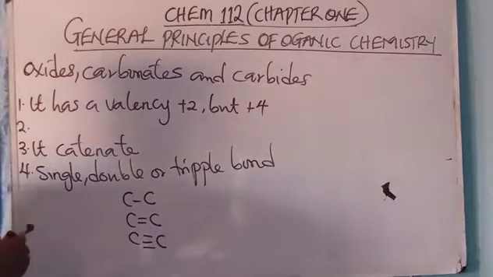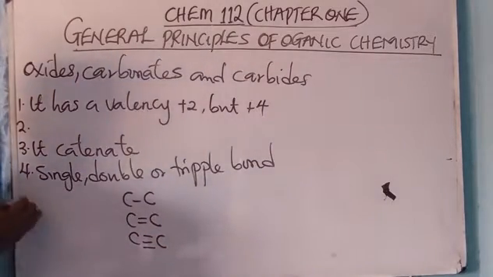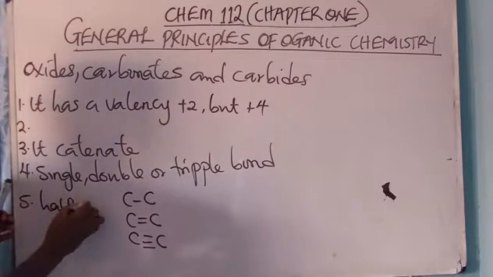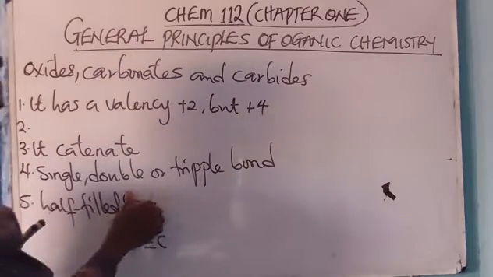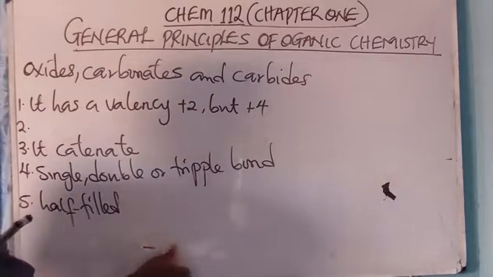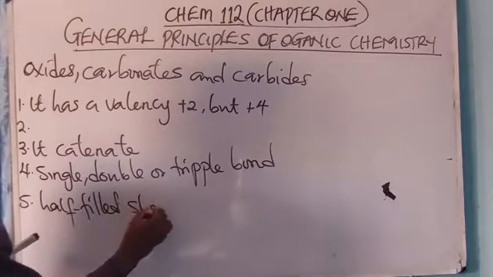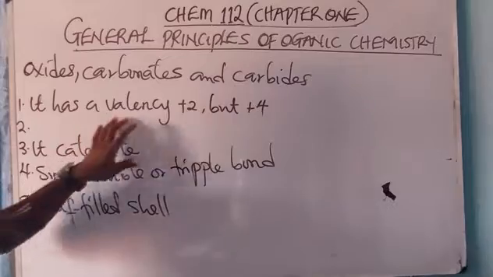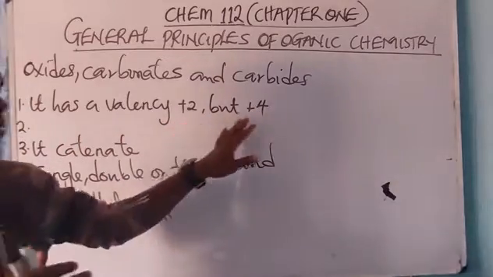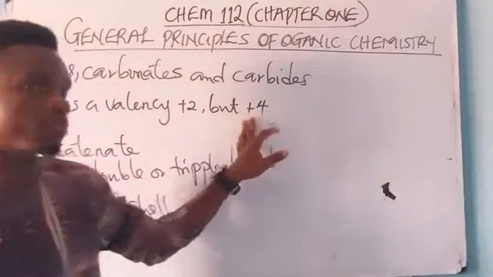Then there is stability: a filled or half-filled shell is stable. So these are the uniqueness of carbon. One, it has a valency greater than 2, but a maximum of 4.